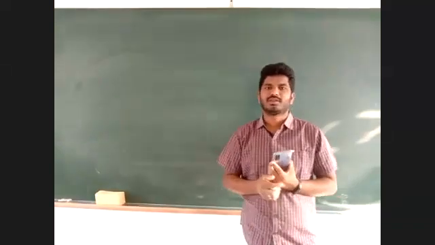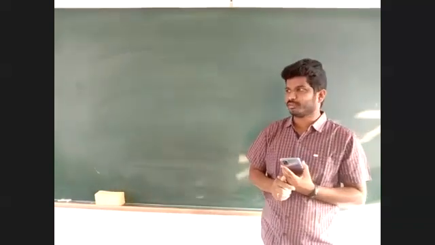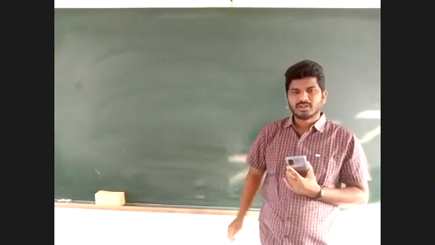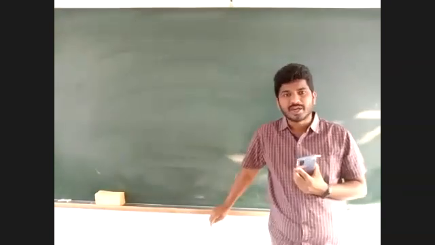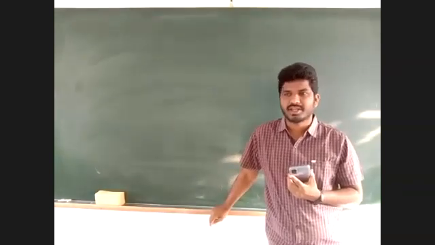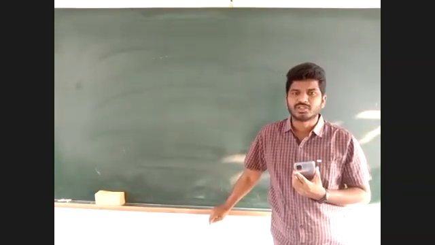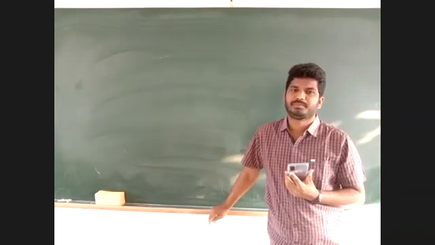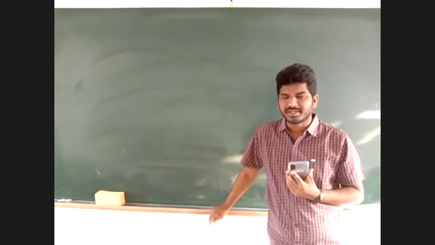What is the statement of converse of basic proportionality theorem? If a line divides any two sides of a triangle in the same ratio, then that line is parallel to the third side. For example, take one triangle ABC.